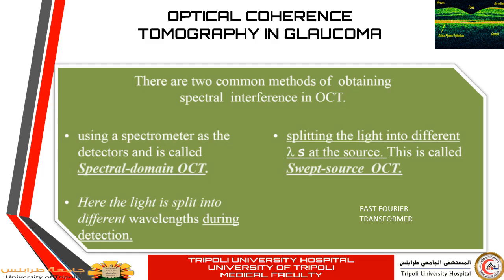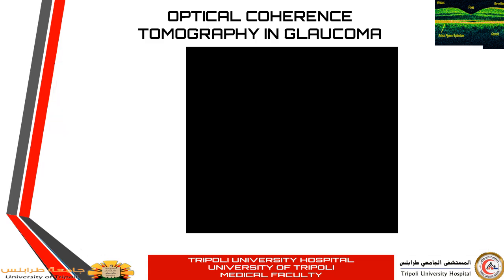It is split from the source. So the light is already split into different wavelengths. Then it goes inside the eye, and when reflected back it is detected by a Fourier transformer, and then it undergoes constructive interference. This is the main difference between swept source and Fourier domain OCT.